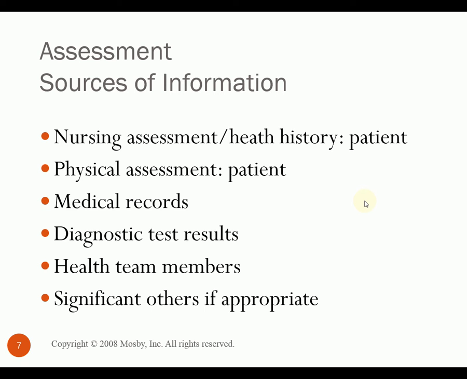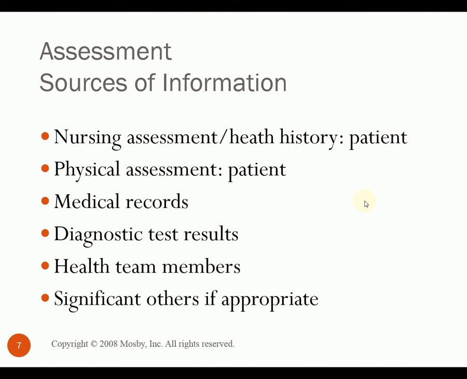As long as they're able to communicate in a lucid manner, that's where our most important information is going to come from. We should do a thorough history and physical, which you have learned to do these last couple of weeks. We should review their medical records because there may be something in their past that we need to know about. Diagnostic tests that have been ordered, we need to be sure we're looking at the results of those.